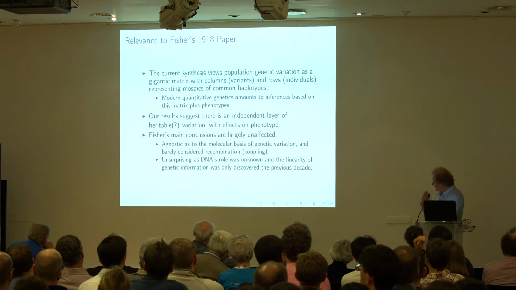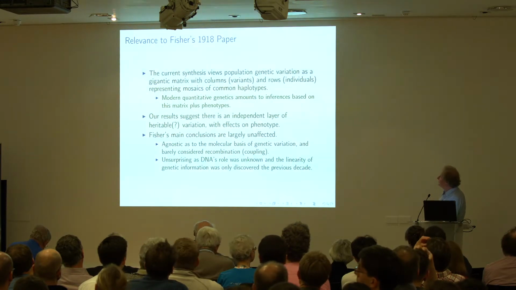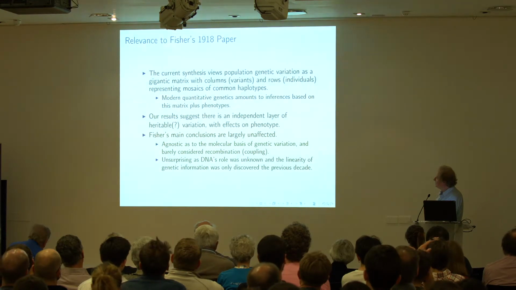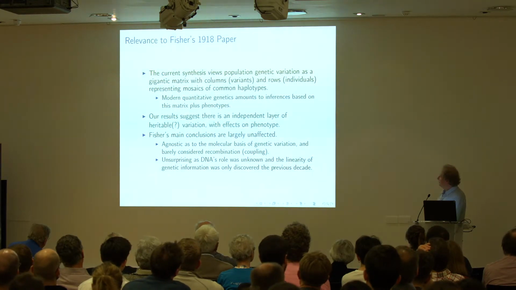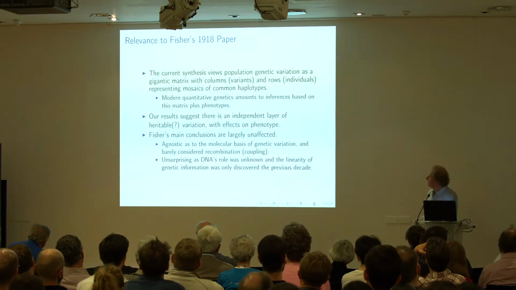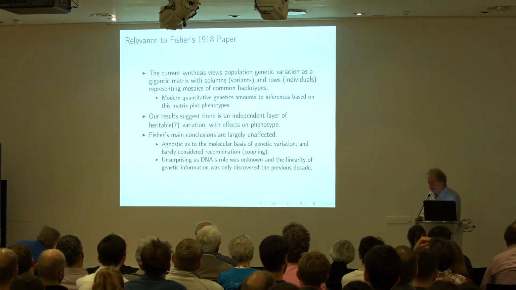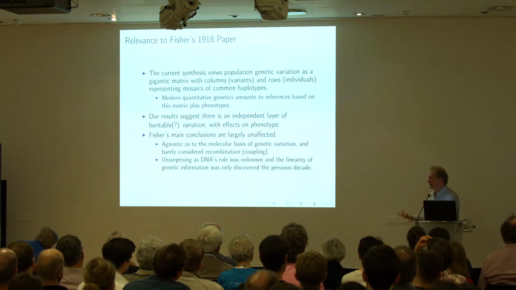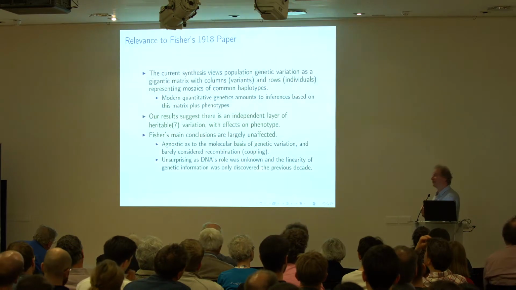So I thought I would try to relate this back to Fisher's paper, and so I tried to read it again on a train coming up yesterday. And I think, like most people, when he got into assortative mating, I kind of gave up. But what's interesting about that paper is he didn't know about DNA. He did know about recombination.